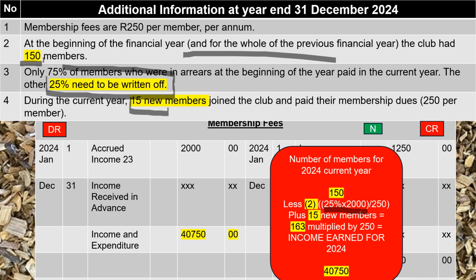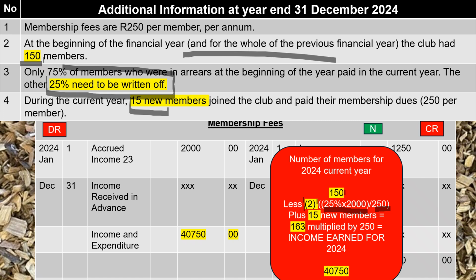Members owed us, it was that accrued income amount. So 25% of 2,000 is actually 500. We already did the bad debt, but I want to know how many members the 500 represents. So I divide by the membership fee, which is 250, and that gives me 2 members.